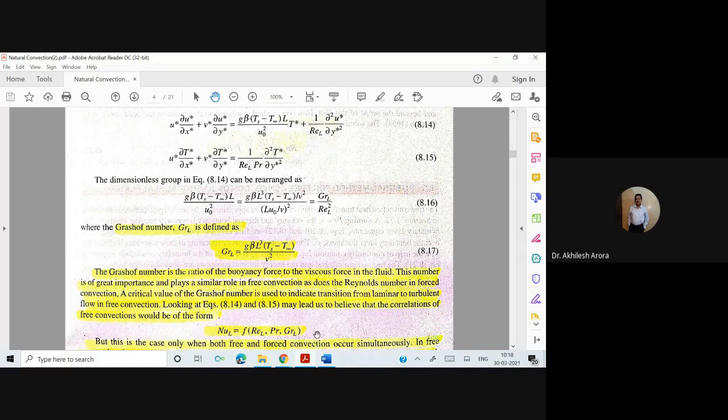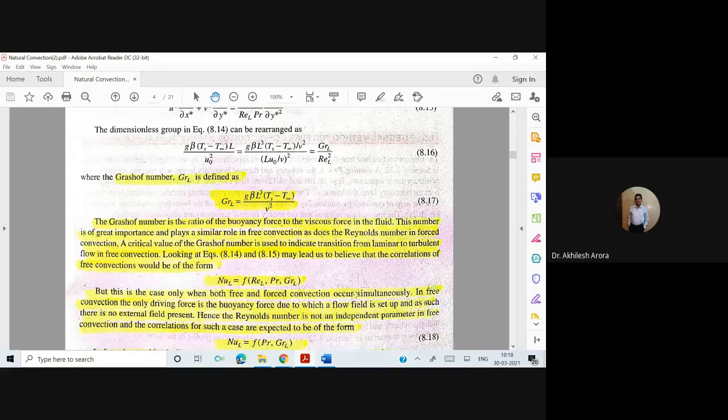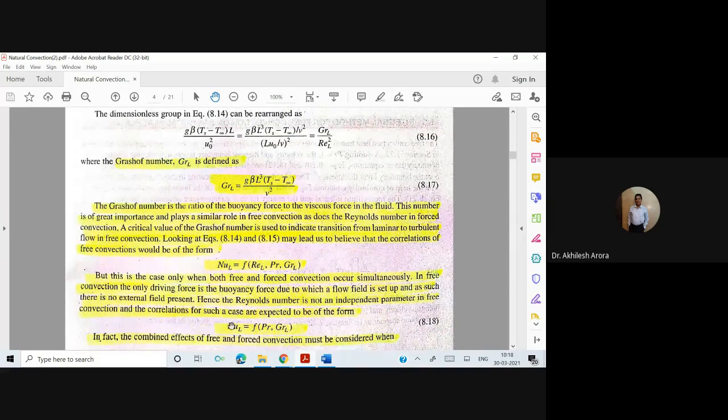Now, this dependence of the Nusselt number on the Reynolds, Prandtl, and Grashof number is possible when both free and forced convection are occurring simultaneously. Okay, both free and forced convection. However, in case of free convection only, the Nusselt number depends on Prandtl number and Grashof number. So Reynolds number does not come into the picture.